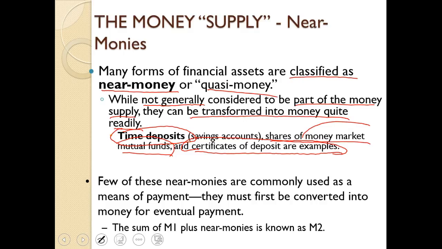Few of these near monies are commonly used as means of payment. They must first be converted into money for eventual payment. So what this means is you're not going to take your savings account and pay out of your savings account. Typically, you transfer that into your checking account first.